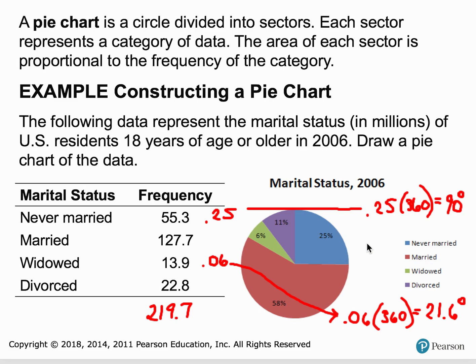In other words, if I had another pie chart of 1990, these would basically be about the same size for the widowed, and I couldn't really tell the distinction between them. So instead, the emphasis for a pie chart is on comparing the part to the whole. Bar graphs are useful when we want to compare the different parts, but not necessarily parts to whole.